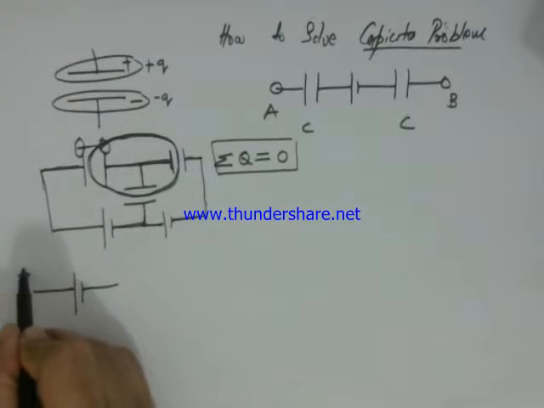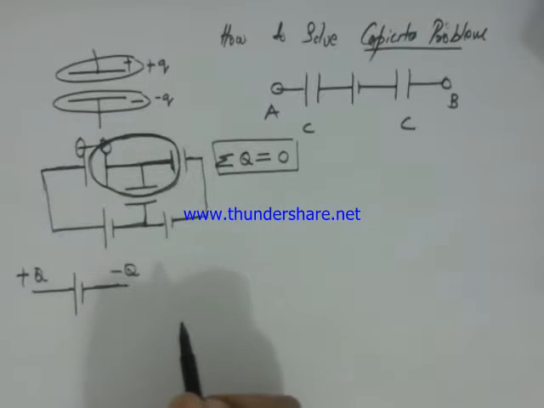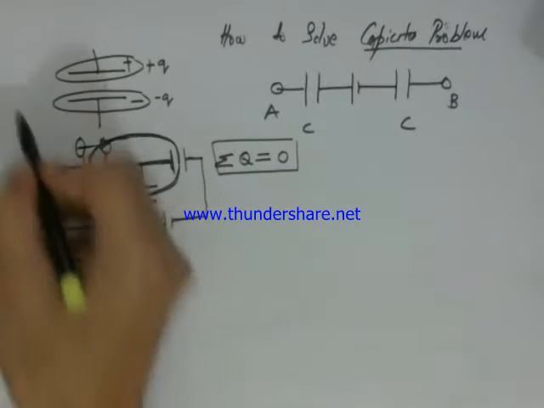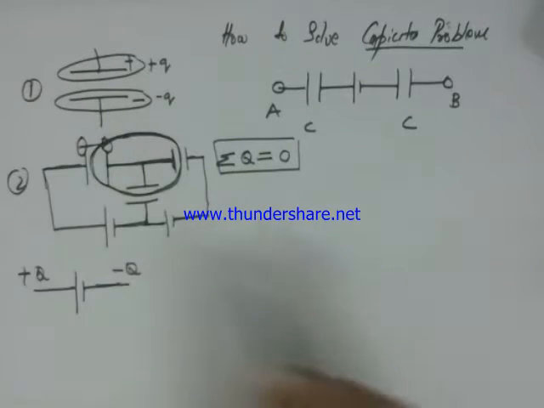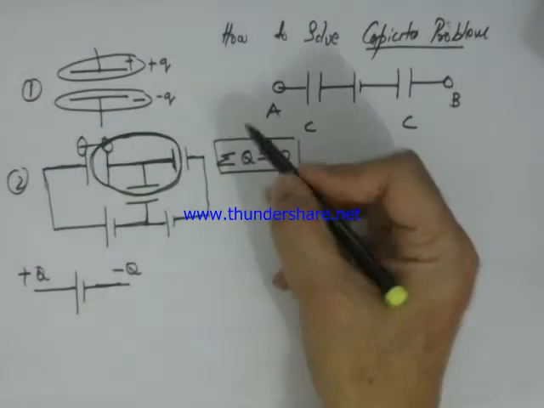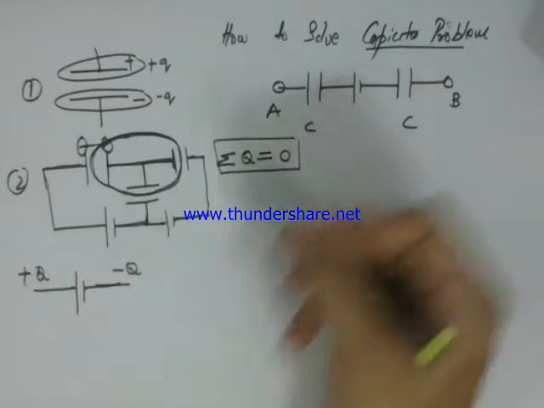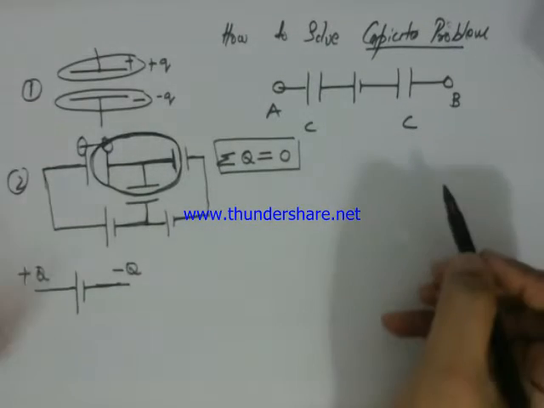If this side gives plus Q, the other side will give minus Q to the circuit. So by using these 3 points, point number 1, equal and opposite charge on the plates of a capacitor, point number 2, the summation of the charge on the isolated plates has to be 0, and point number 3, the battery will give equal and opposite charge.